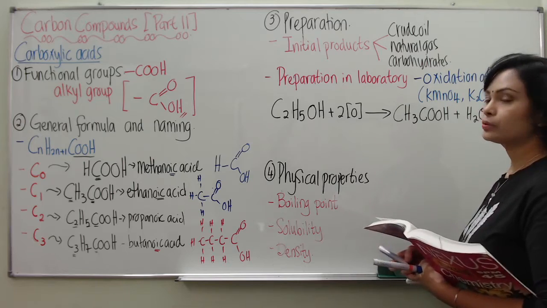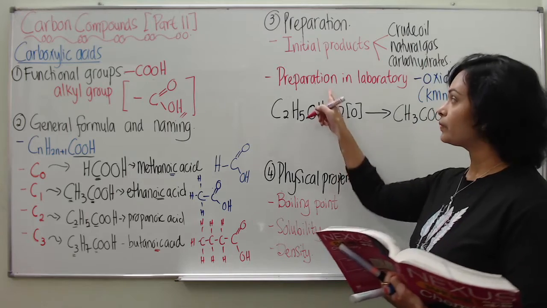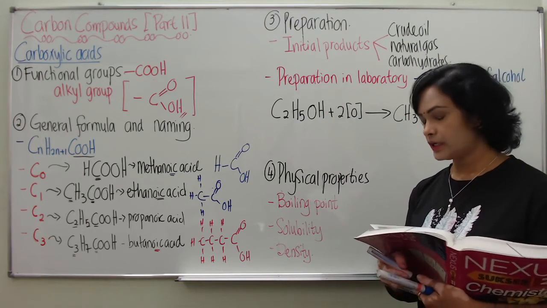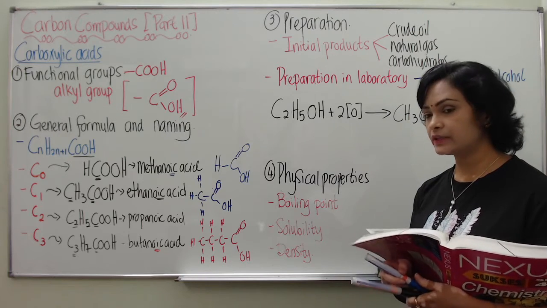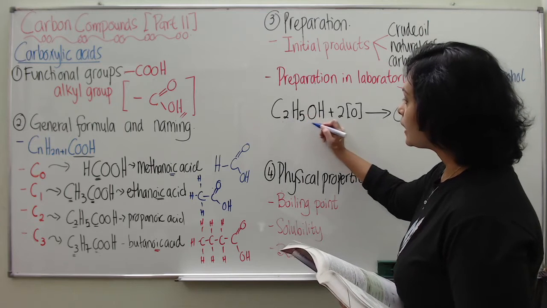Okay, so allow me to explain how we write the molecular formula for the preparation of ethanoic acid in the laboratory. So here teacher will give students the example of ethanol.